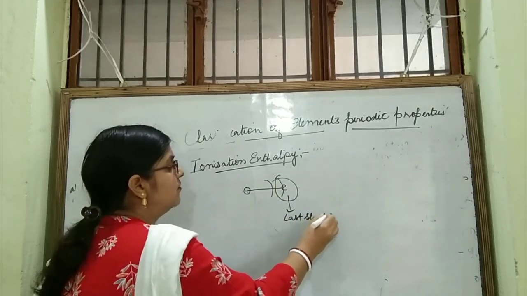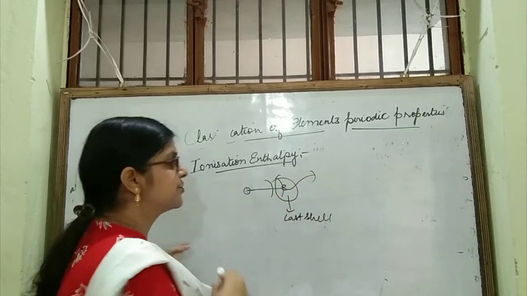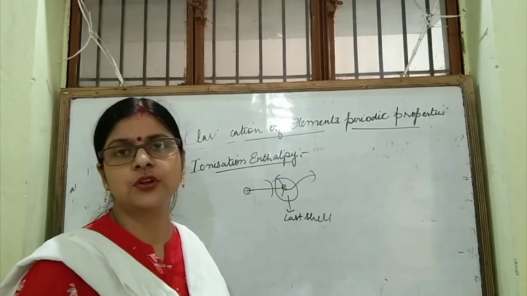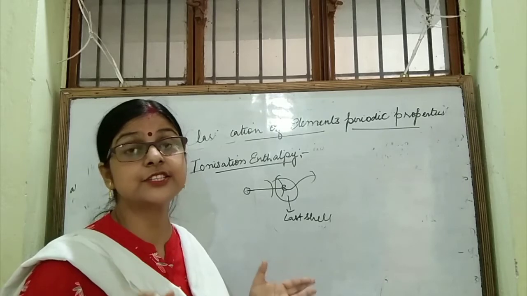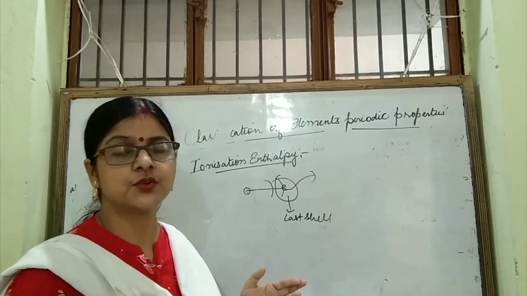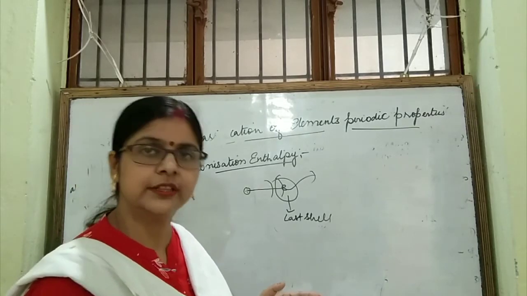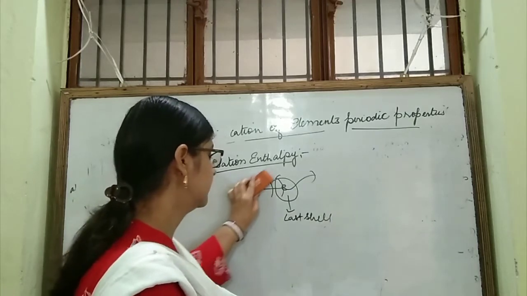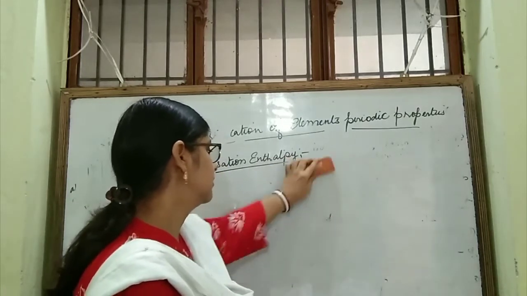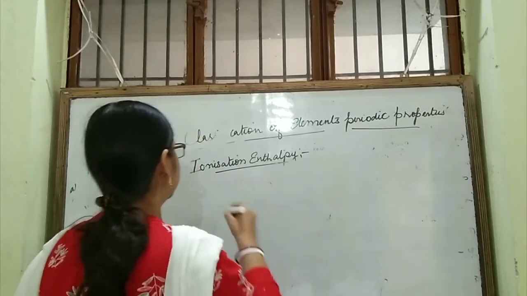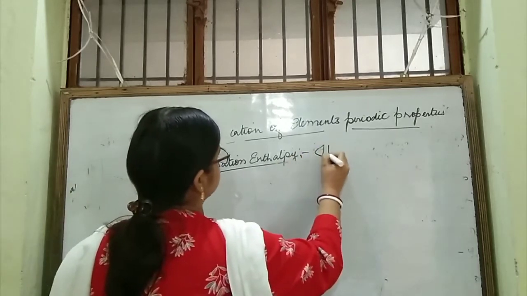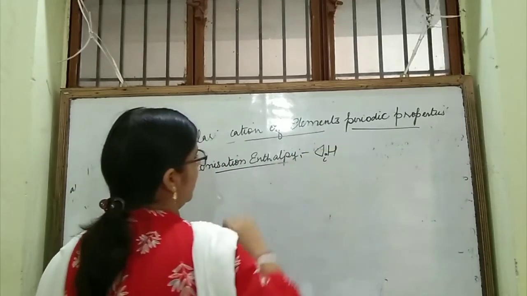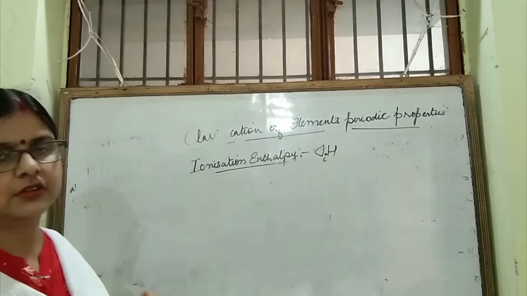How much energy is required to remove this electron from an isolated gaseous atom? That is known as ionization enthalpy. Now, this ionization enthalpy is represented as delta IH.